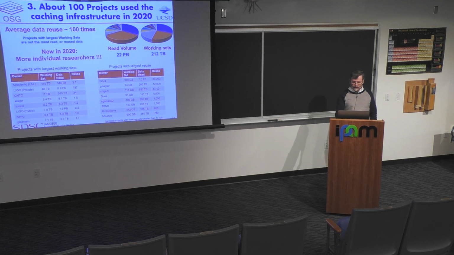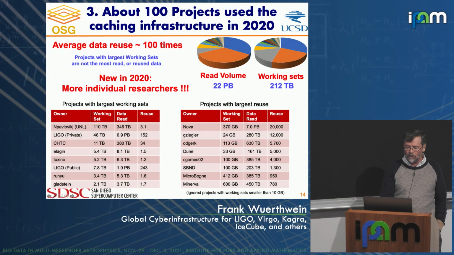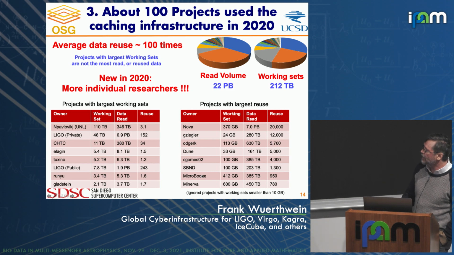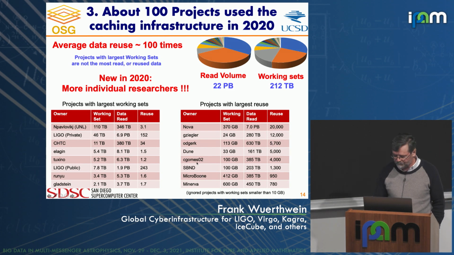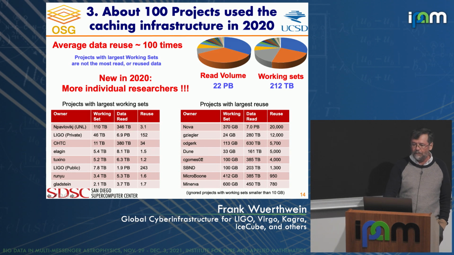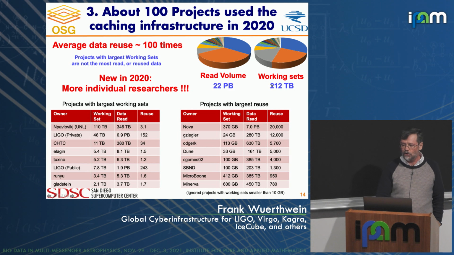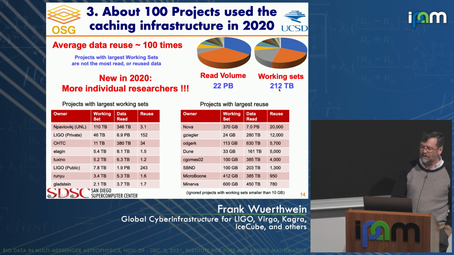And then you have another one here. DUNE is another particle physics experiment. SBND is a particle physics experiment. MicroBooNE and MINERvA, those are all particle physics experiments. And then in between, you have some individuals whom I've forgotten. But the basic message is, on average, the infrastructure served a working set of 200 some odd terabytes, and it got read 22 petabytes worth.